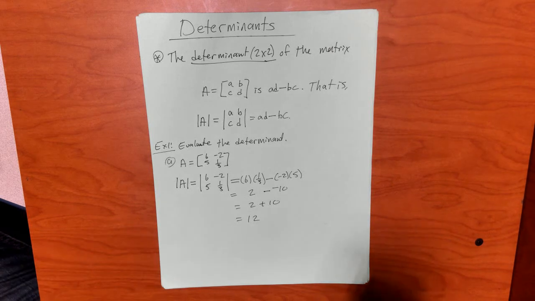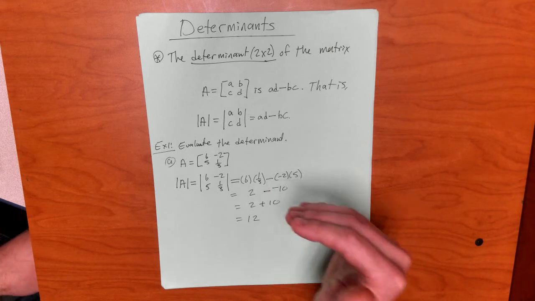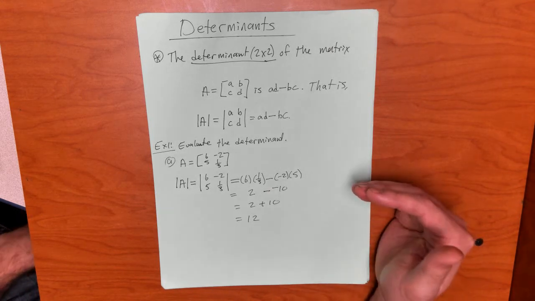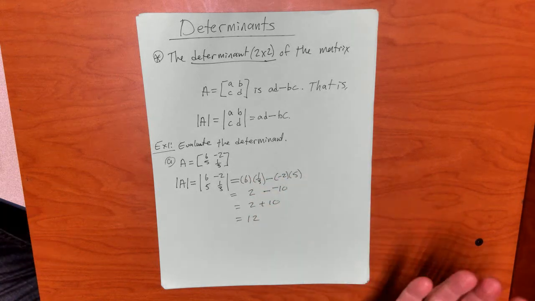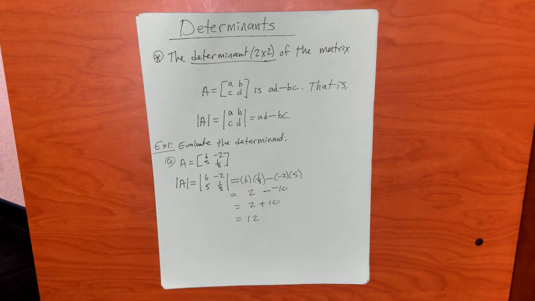Alright, so the determinant is kind of a weird thing that you've never seen before probably, but it is used a lot in the real world, and we're going to take this a step further in a later lecture, talking about Cramer's rule, which allows us to solve for matrices to determine what x and y values satisfy those equations.